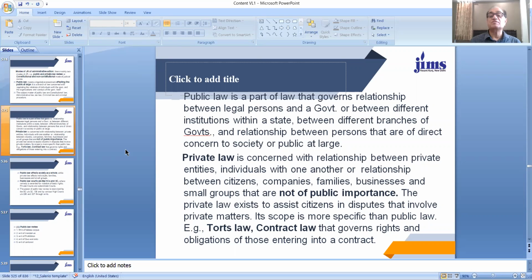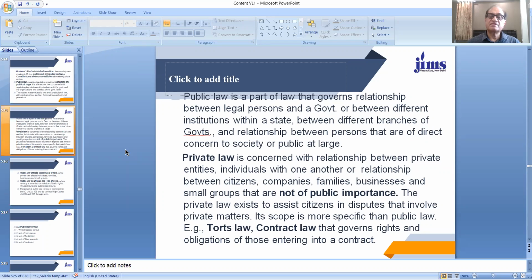Those laws are known as public laws, which affect the society or public at large. Whereas private law is concerned with relationship between private entities, individuals with one another, or relationship between citizens, companies, families, businesses, and small groups that are not of public importance.